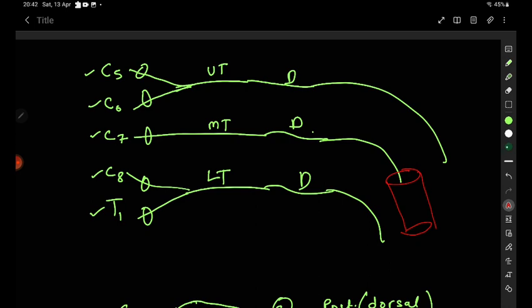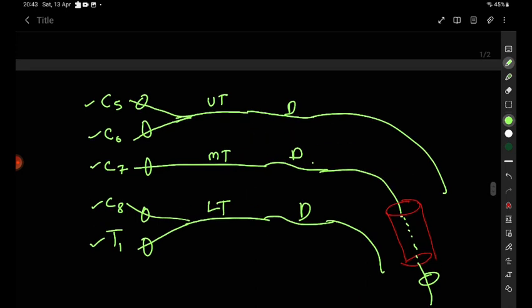So this here is the axillary artery, and the cord which lies posterior to the axillary artery is known as the posterior cord. So this here is the posterior cord. This will be a lateral cord and one will be the medial cord. The one which will be lying laterally will be the lateral cord, and the other will be the medial cord.